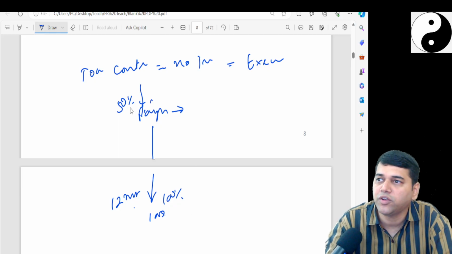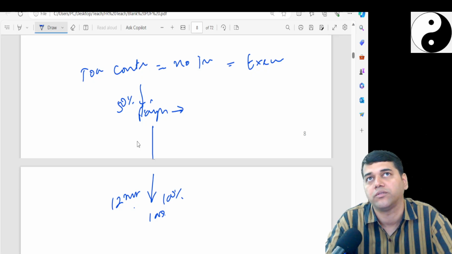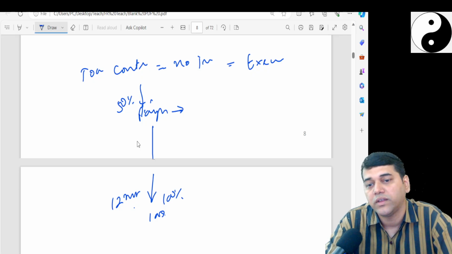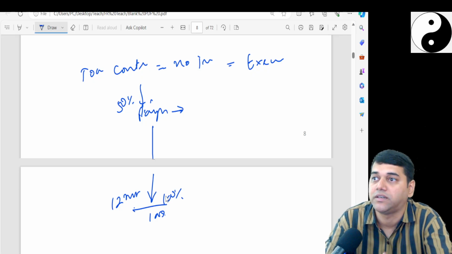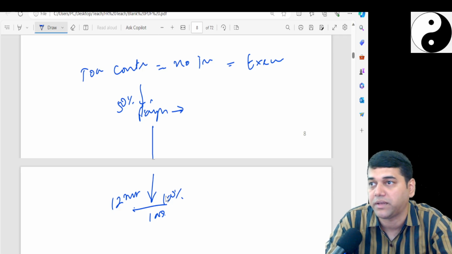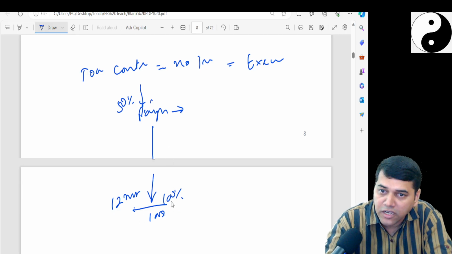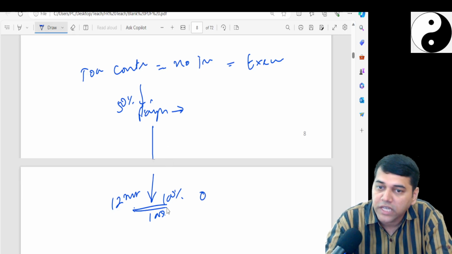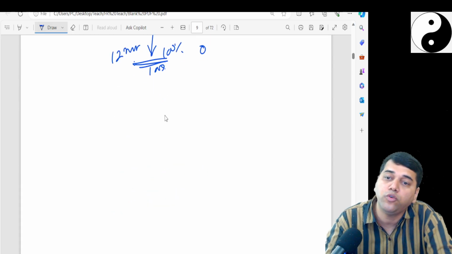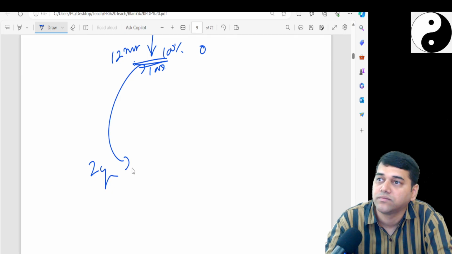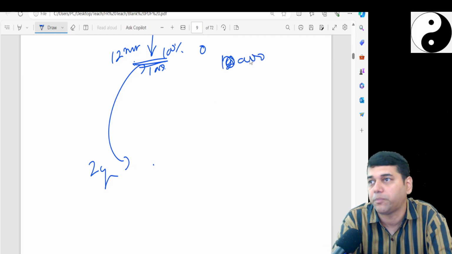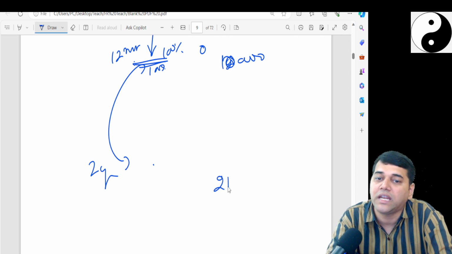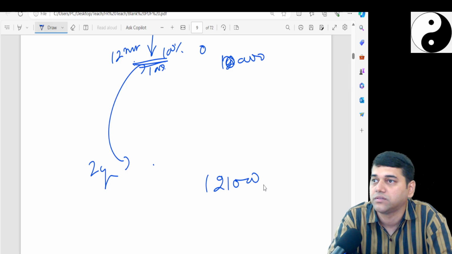Practical experience says that once the material is delivered, from there the 12 months concept applies. Suppose you delivered today, till now you didn't receive any money, and he is going to pay you after, say, 2 years. Like we have seen, 1 lakh was the price if paid right now, but he agreed to pay you 1,21,000 after 2 years.